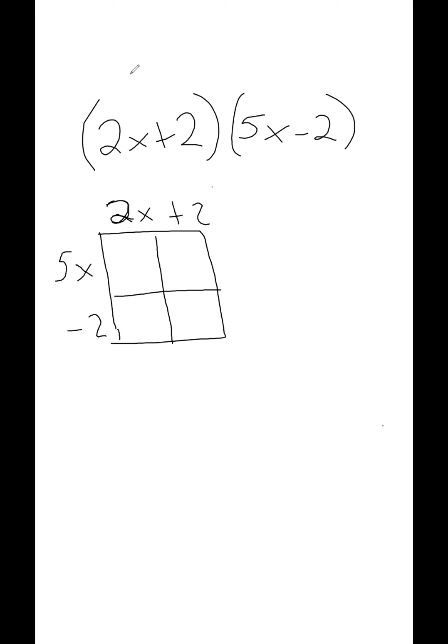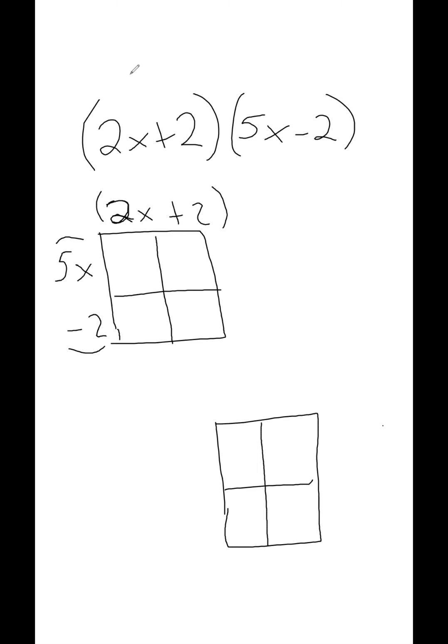So notice how if it's around parentheses, it's together either on one side or the other. You could also, if you like doing it like this, do 2x plus 2 and 5x minus 2. They're still within that same parentheses.